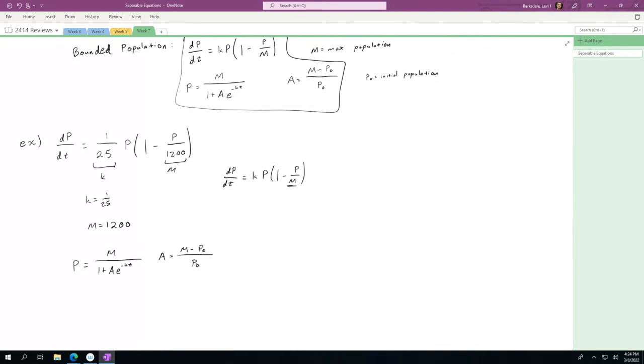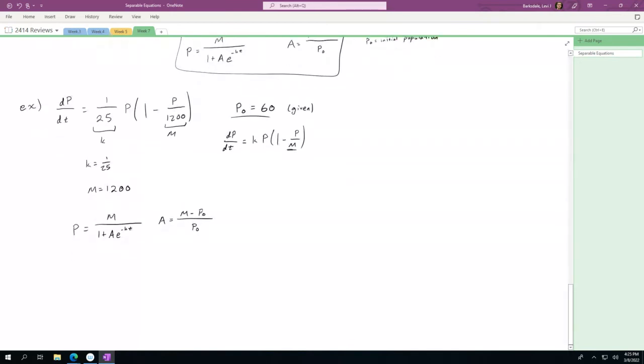I suppose I also need to give an initial population in this problem. So let's just say that P naught is equal to 60. This is also starting information, so I'll put given. Okay. So now we're ready to write out our solution.